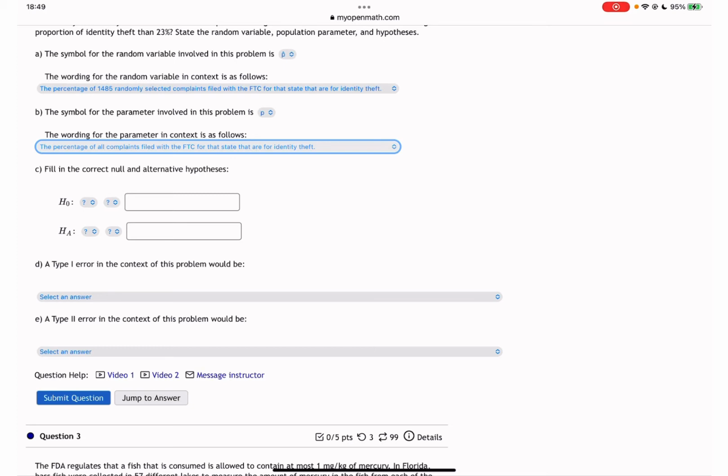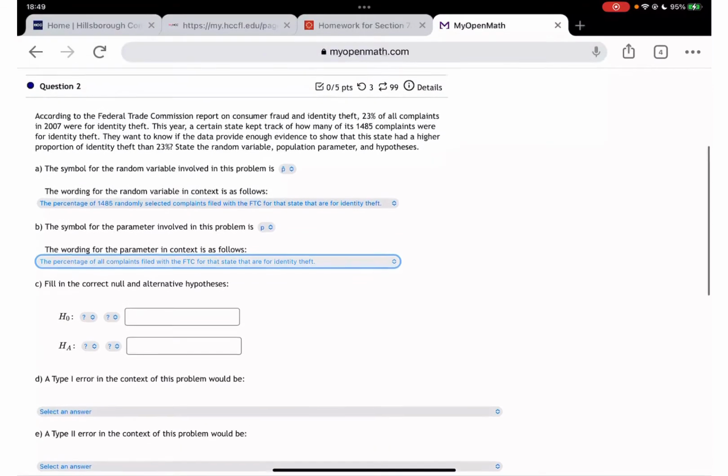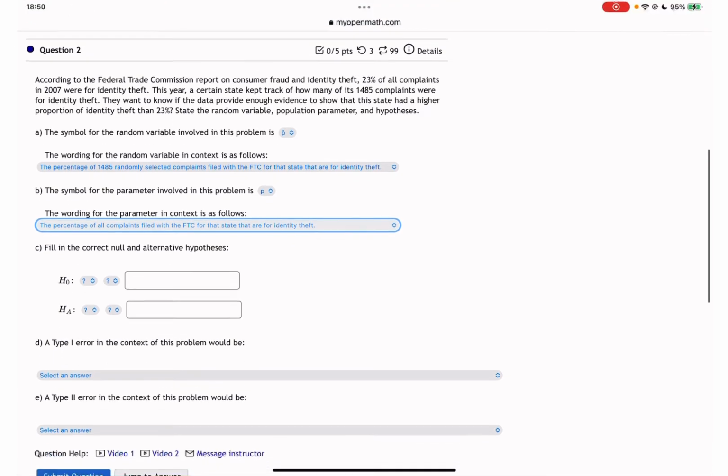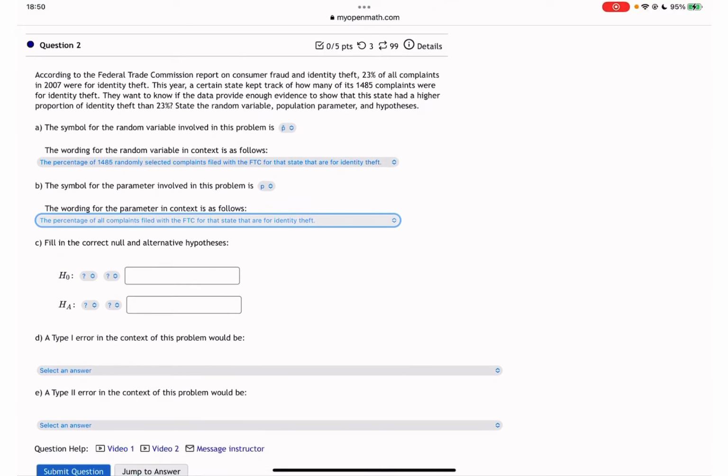Our claim says, show that the state had a higher proportion of identity theft than 23%. So higher, that is the claim. And because saying higher, equal sign is not involved, therefore we are using the alternative. H0 is the null hypothesis, HA is the alternative hypothesis. H0 always carries the equal sign. Alternative doesn't carry an equal sign.